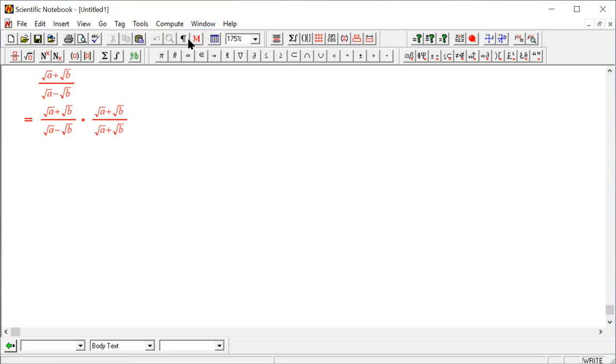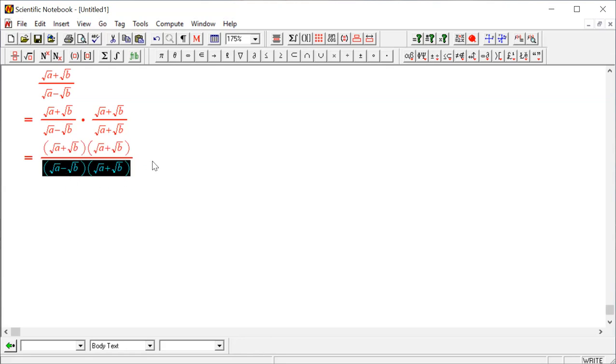The denominator, we will have numerator times numerator, denominator times denominator. And this pair are conjugates.